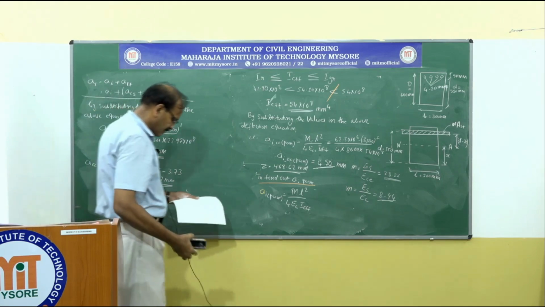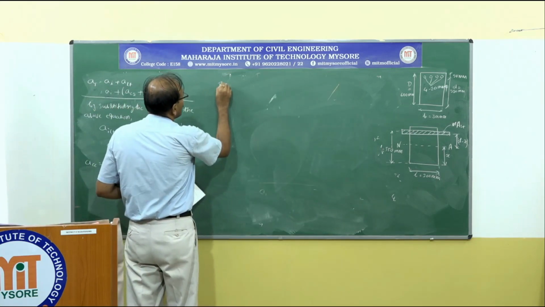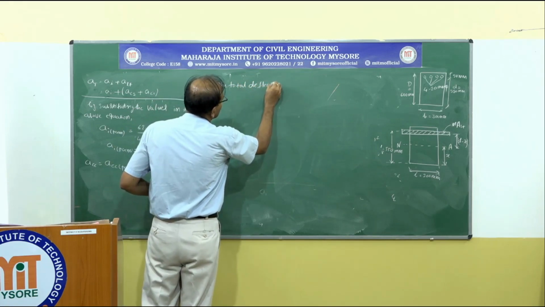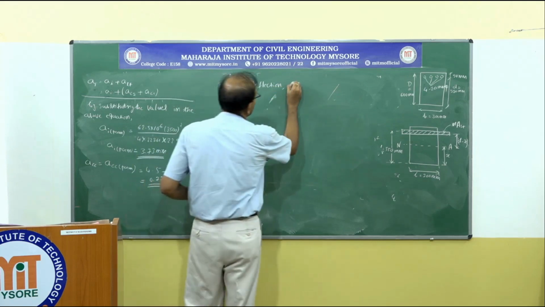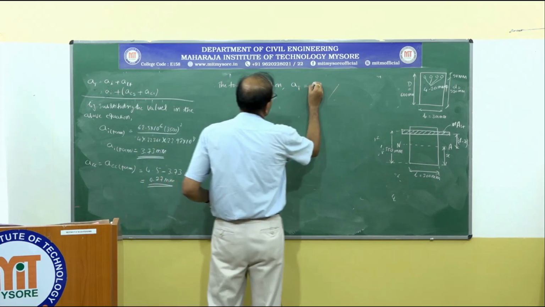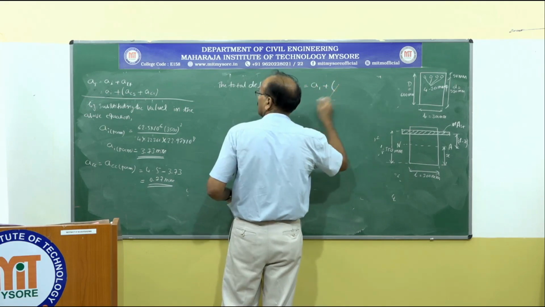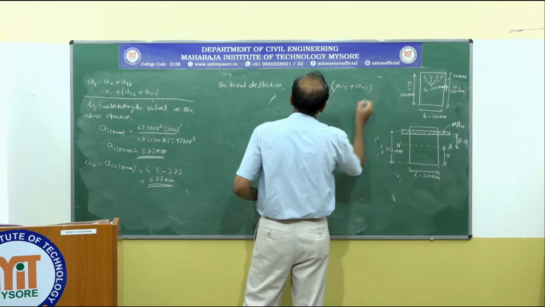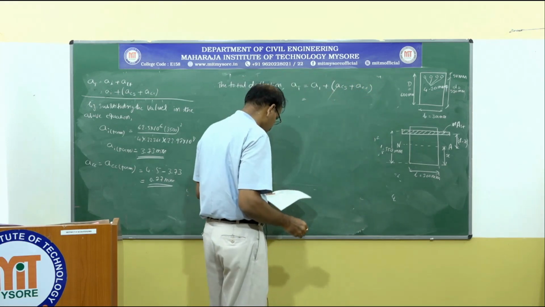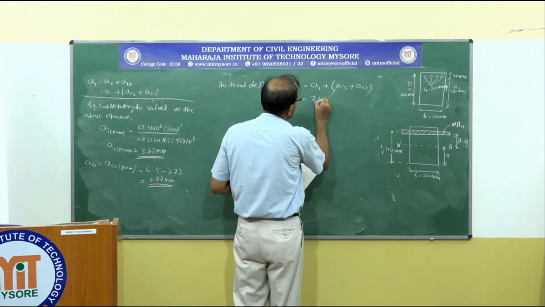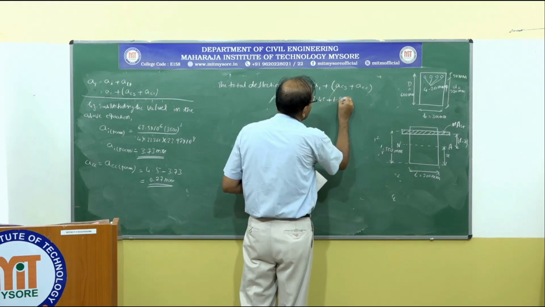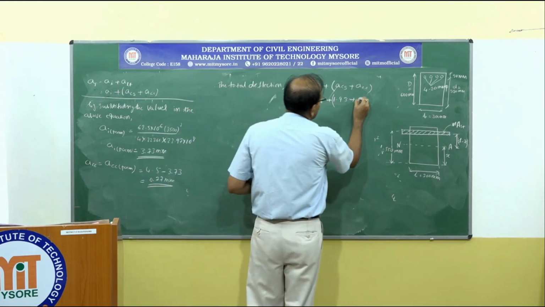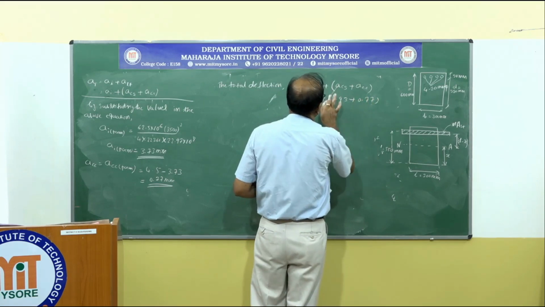Therefore, the total deflection AT equal to AI plus ACS plus ACC, that is equal to 7.45 plus 1.93 plus 0.77.